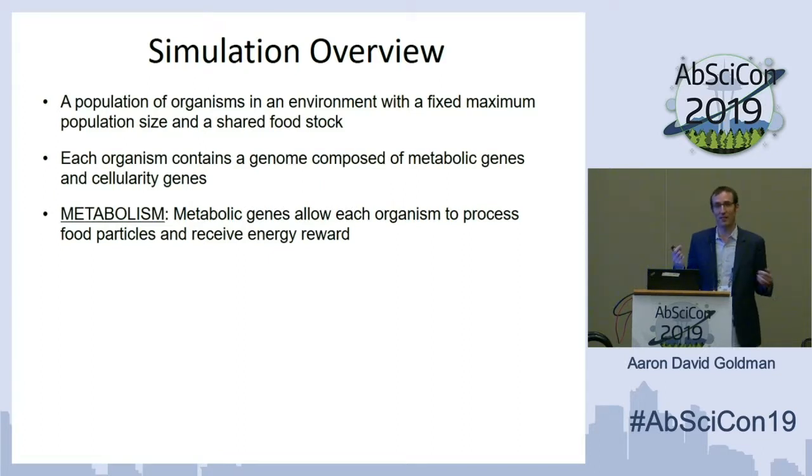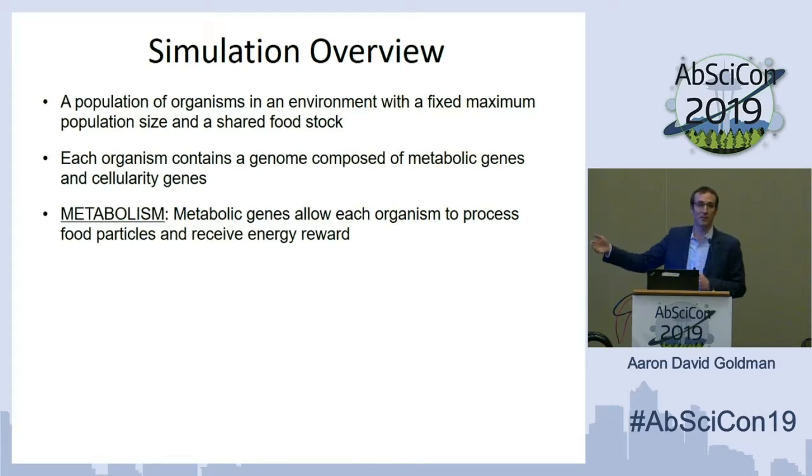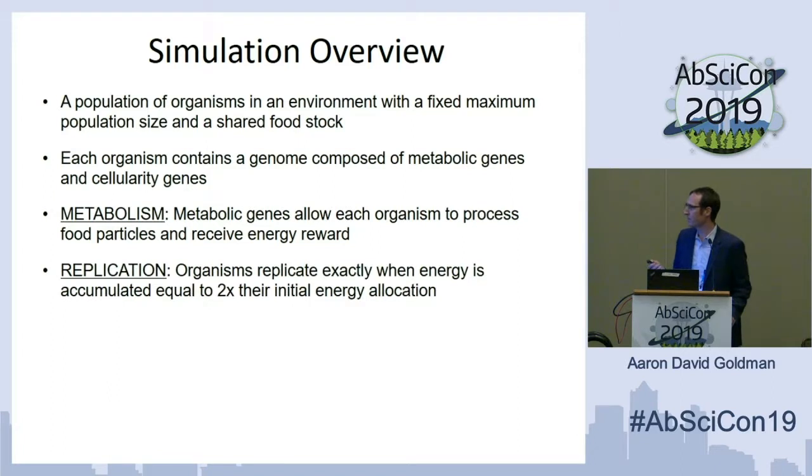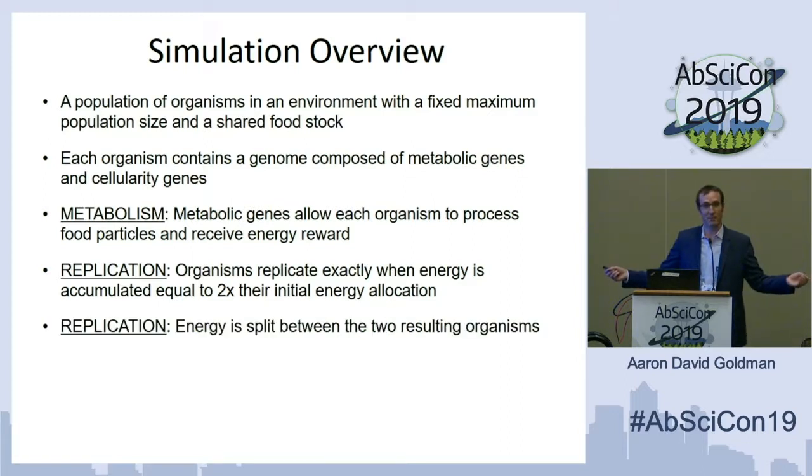That energy is required to continue to tick through the genome, and every time step in the simulation costs each organism one energy unit. Once the organisms have accumulated an amount of energy that's equivalent to 2 times their initial allotment at the beginning of the simulation, they automatically divide, and that energy is split between the 2 resulting organisms.